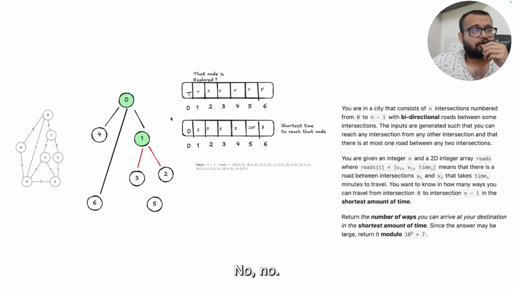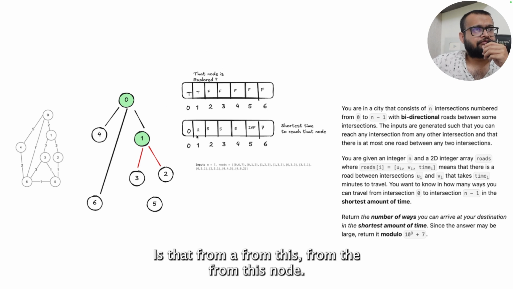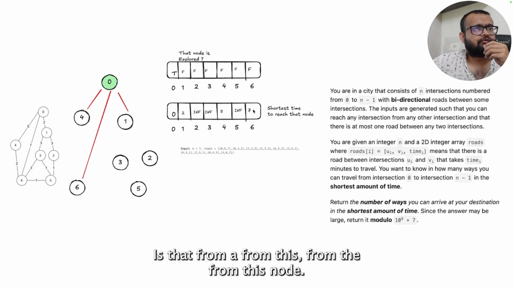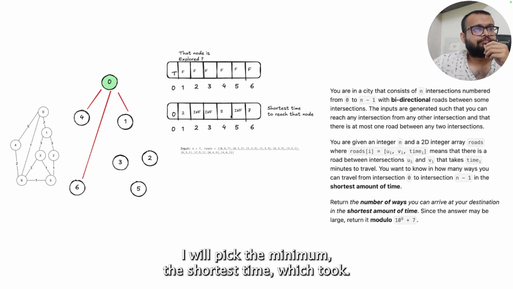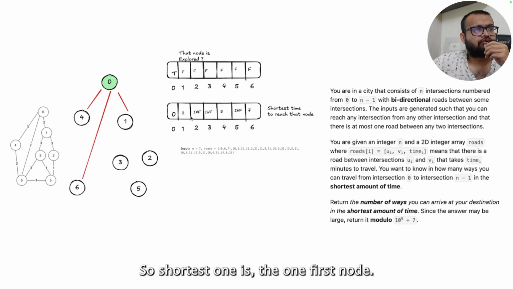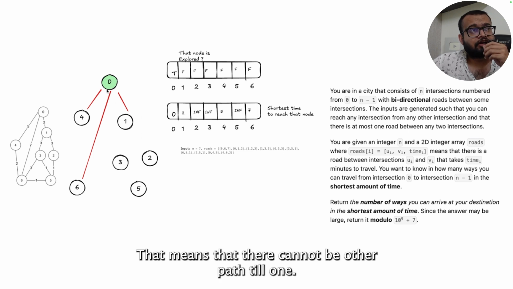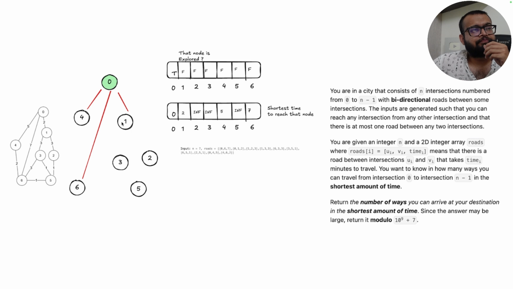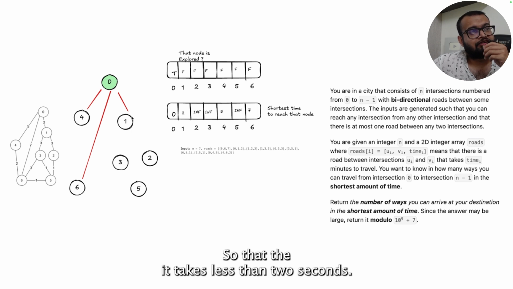Now the trick comes over here. From these nodes, I will pick the one with the minimum, the shortest time. The shortest one is node 1. It took just 2 seconds from 0 to 1. That means there cannot be another path to 1 that takes less than 2 seconds.